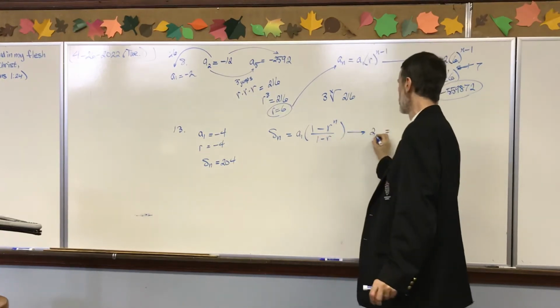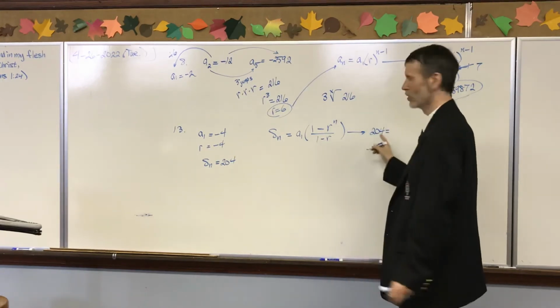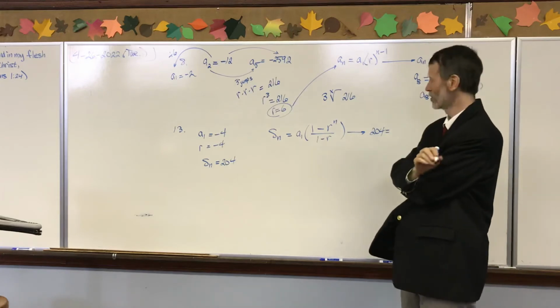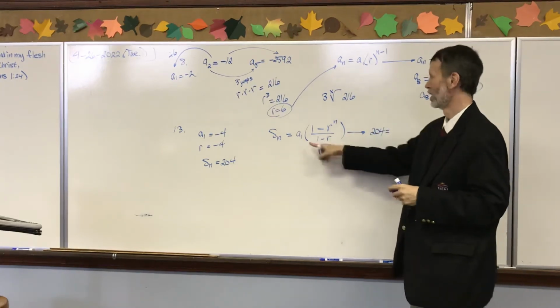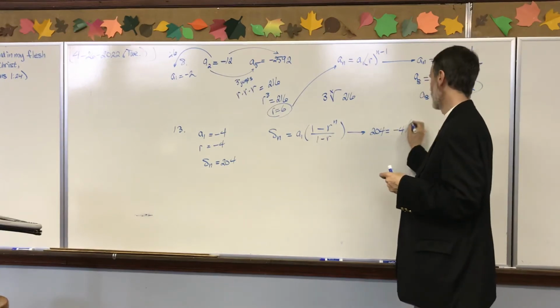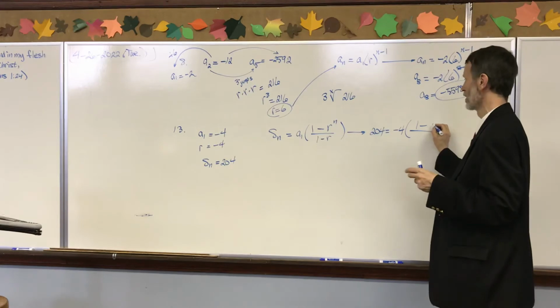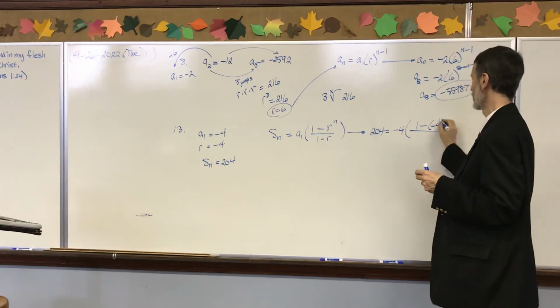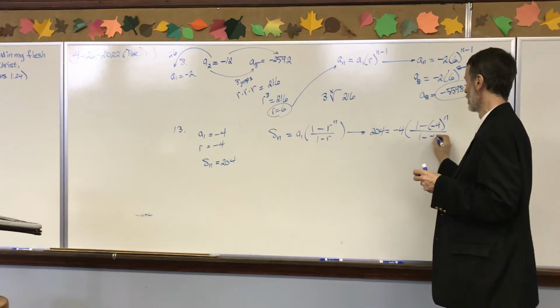Plug that in. Equals, what do I put here? Negative 4 is the first term, and then keep going. 1 minus negative 4 in parentheses to the n power over 1 minus negative 4. Good.